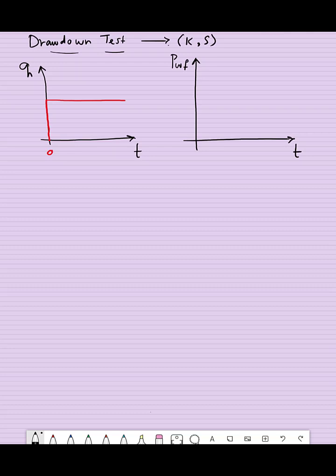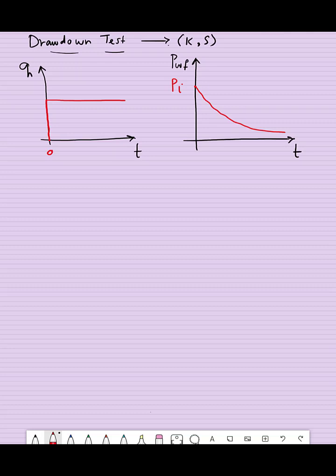And just a moment before we start the rate in this case, we are going to have a downhole pressure which is equal to initial reservoir pressure. And then as we continue producing over time, we expect that our wellbore flowing pressure to drop.